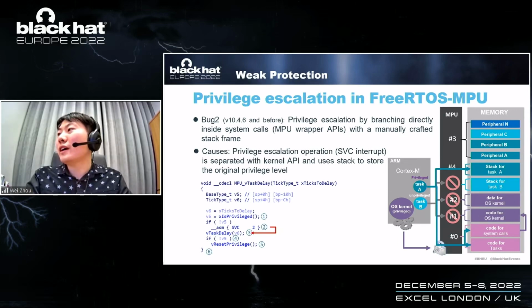And the problem is here: the value used to store the original privilege level is on the stack. So if there is an overflow, or the attacker can manipulate the value on the stack, it can change this privilege level. So when it goes back to the system call, it will judge the privilege level again, and this will fail, so the privilege will not be dropped. It will just return to the original task, and now the task has become a privileged task.